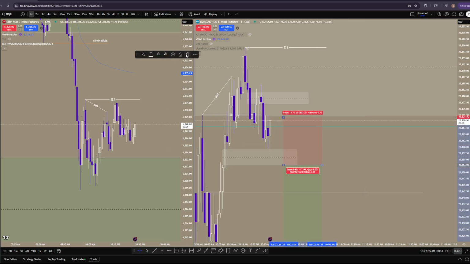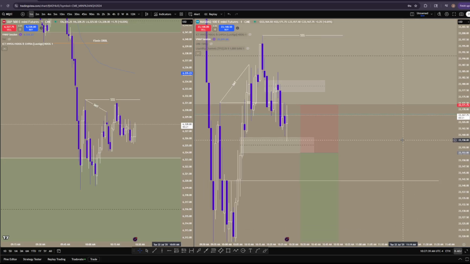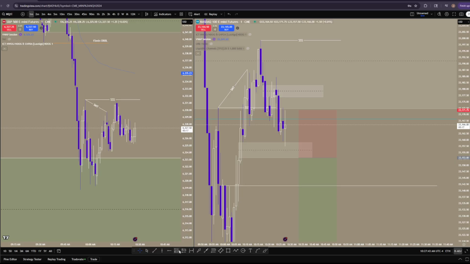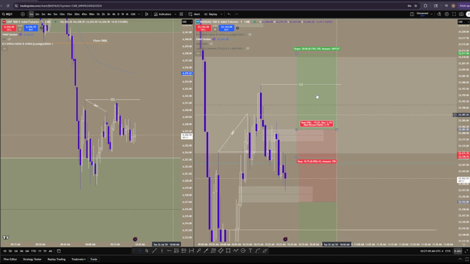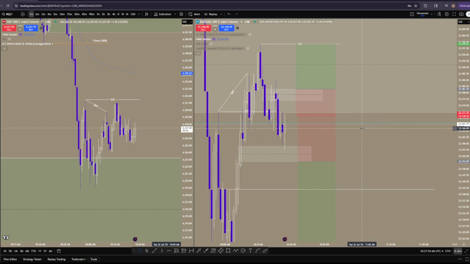Now it's coming right back up. So it's kind of one of those areas where it's like long from here, short from here. Right, kind of like that. Just kind of waiting to see which side wins.